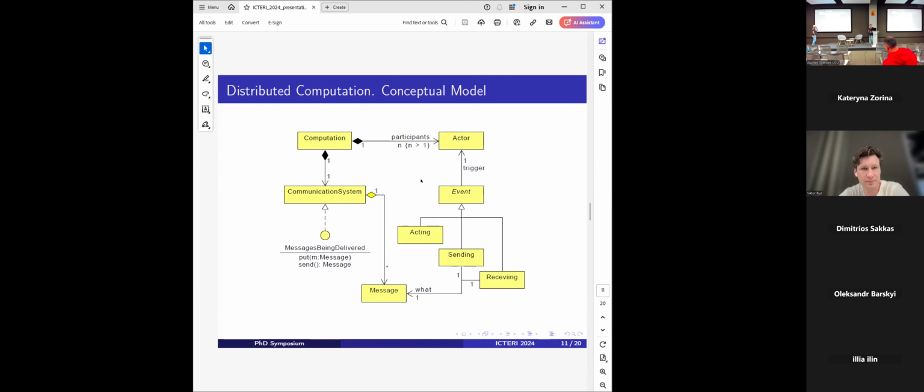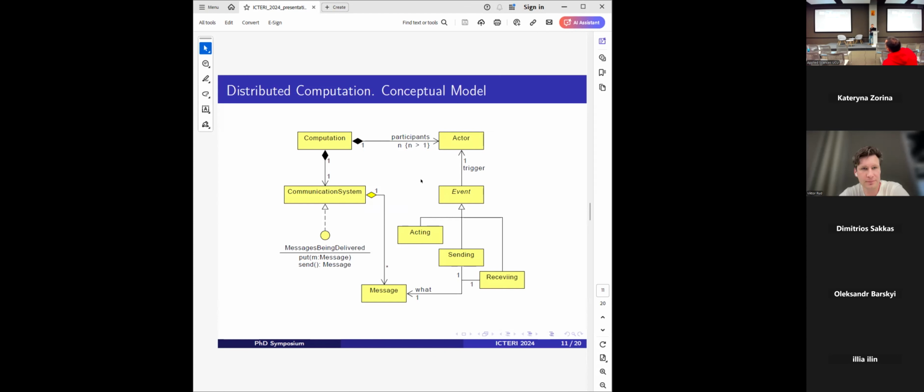Yes, I mean, you may treat it constructively if you wish. For example, I do see that computation contains actors, triggered by events, and events are acting, sending, receiving something like messages. Yes.